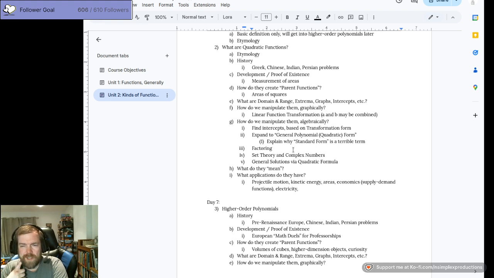Numberphile did an interesting question on kinetic energy, which was: if you're driving down the road at 50 miles an hour and another car passes you doing 100, and then at the exact same moment you both see that there is a tree across the road and you both slam on the brakes, you will both reduce the total amount of kinetic energy in your cars based on the braking motion and all this stuff.